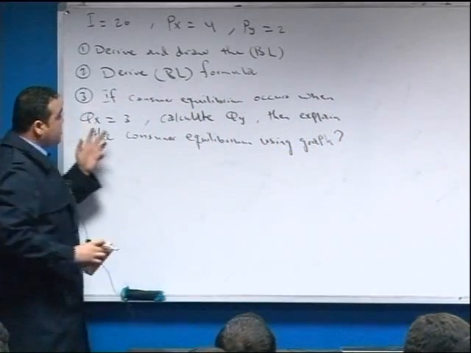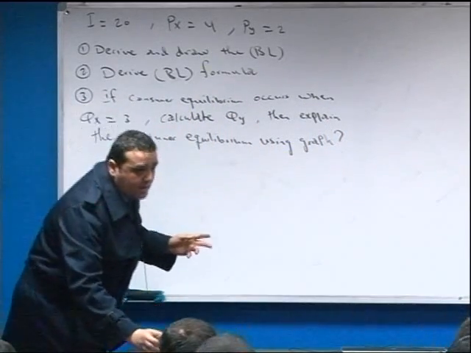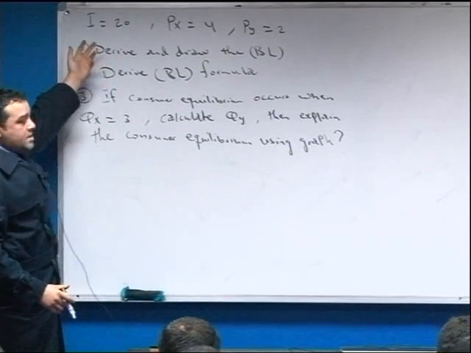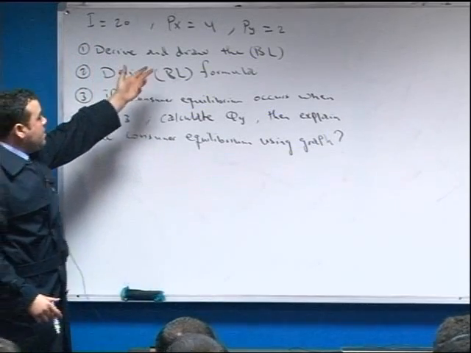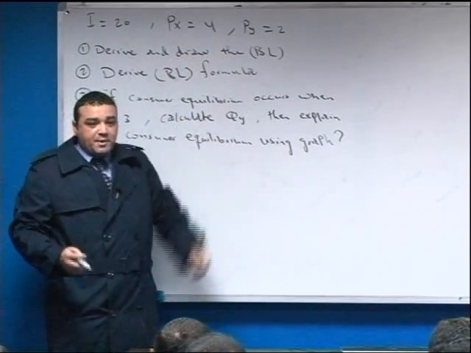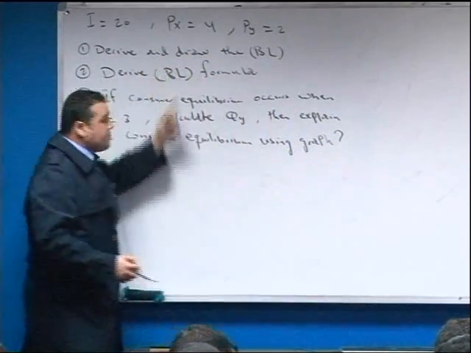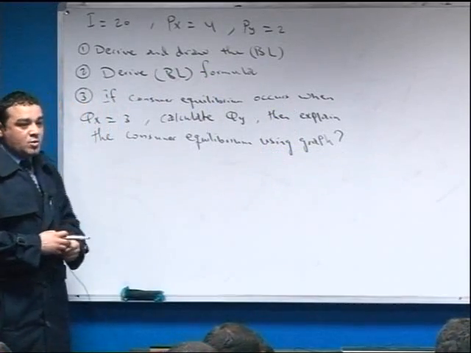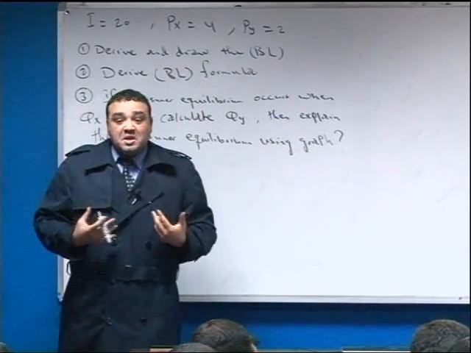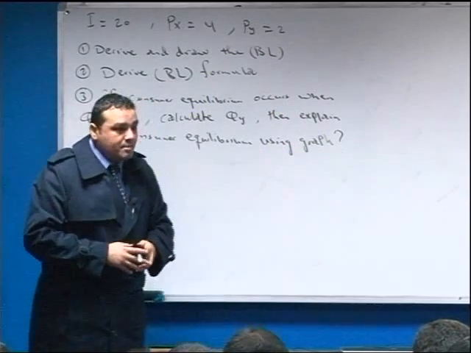As you see, the given information is that the consumer income is $20 a day, and he spends all of his income to buy two products, X and Y. The price of X equals 4, and the price of Y equals 2. The question is, derive the budget line.